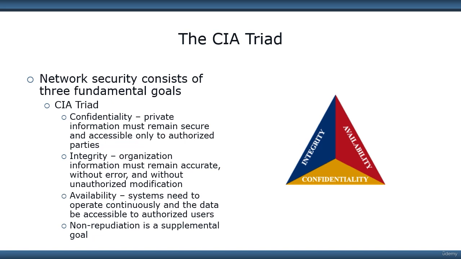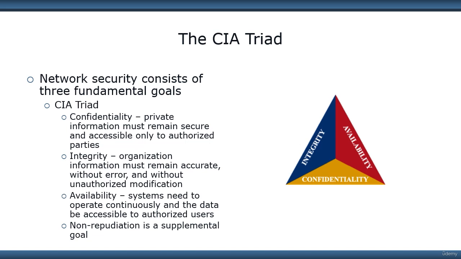Okay. Integrity: organizational information needs to remain accurate without error and without unauthorized modification. So we need to be able to verify that the data is in the correct form. It hasn't been modified. And then availability. Systems need to operate continuously and the data needs to be accessible to authorized users.